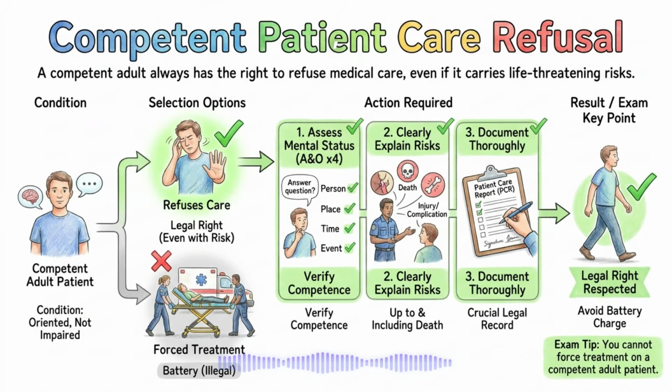You must clearly explain the risks of refusing care, up to and including death, and document this conversation thoroughly on your patient care report. The NREMT exam will often present a stubborn patient who needs care, and you must recognize that forcing treatment on a competent adult is considered battery.